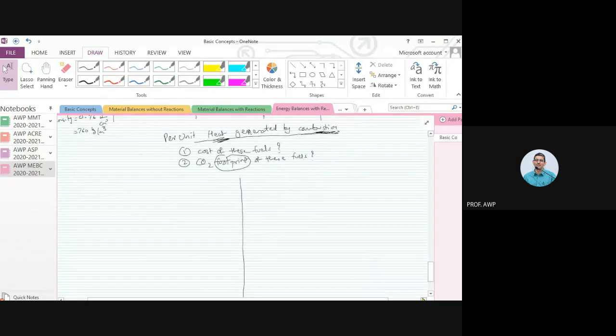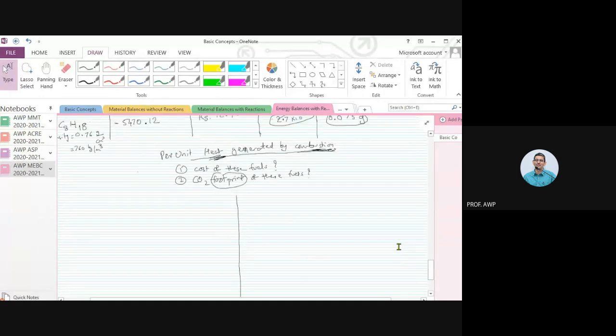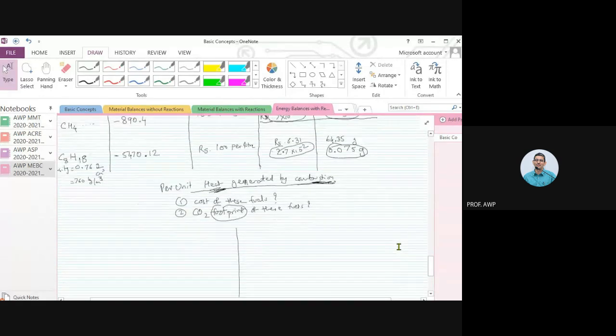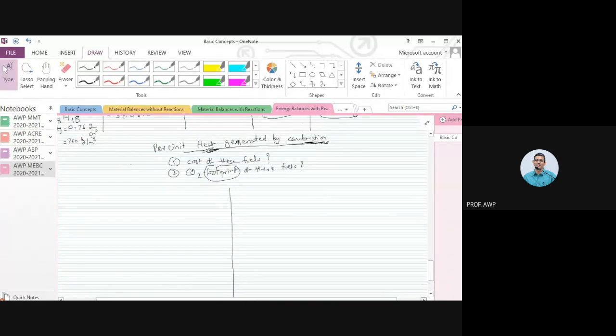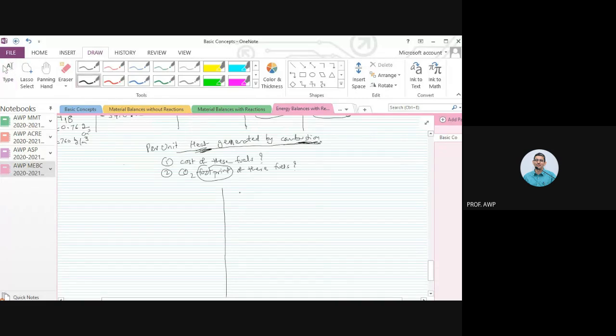Okay, let us try to solve. We will do the calculations for octane. C8H18 at 25 degrees centigrade, 1 atmosphere, is liquid. If I burn that, I will get 8 CO2 and 9 water, and I will require 25 by 2 oxygen, standard state.